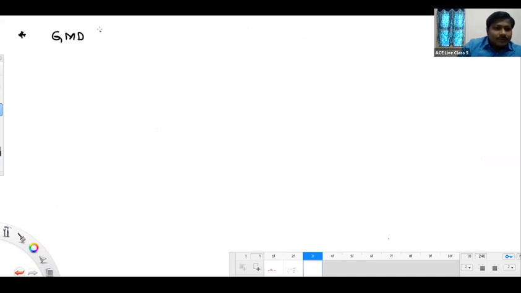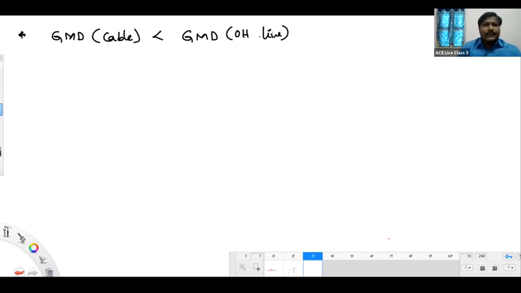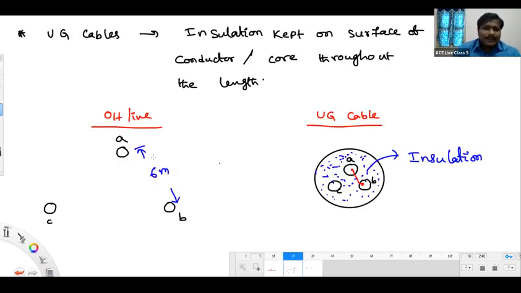But GMR values may be more or less equal, because I can expect that for the same current rating, the conductor radii will be equal.